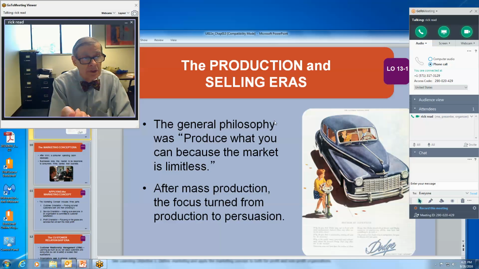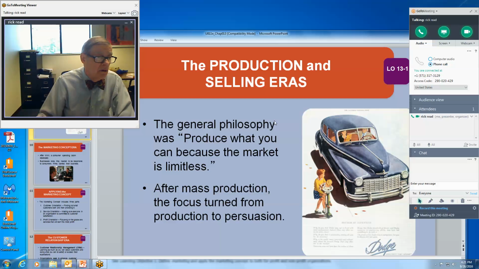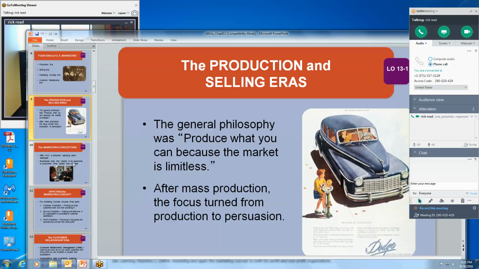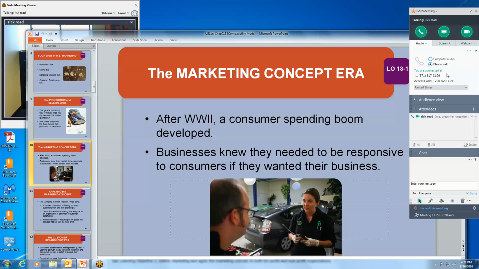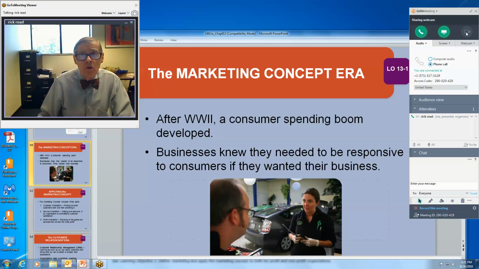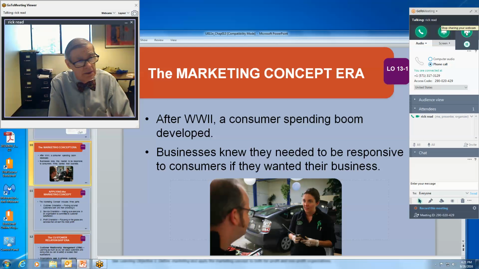But those things are rare today. So we have to stop and think about something different. So then we move from the production era to what was commonly called the marketing concept era, which followed World War II.